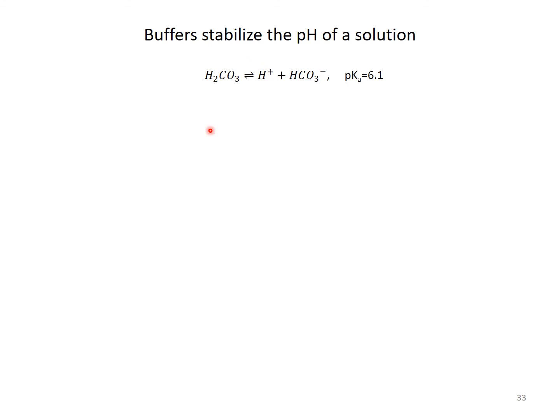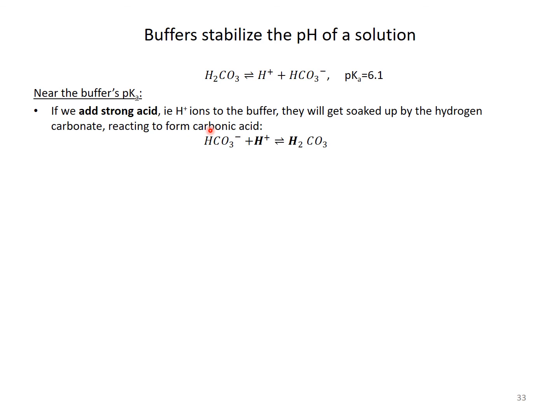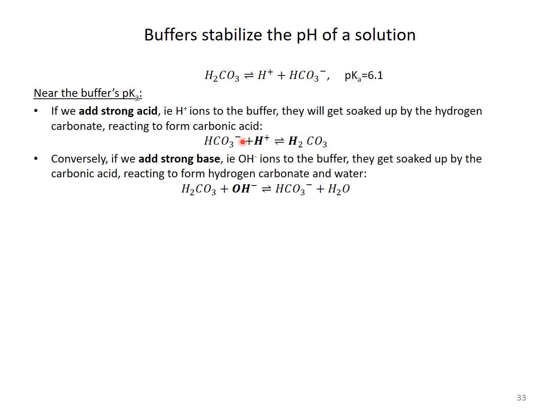So if you add strong acid into this system, the extra H+ will be absorbed by the conjugate base, forming more carbonic acid. Conversely, if we add a strong base, to counter the change in pH, the carbonic acid will dissociate to release more protons so that they can combine with OH- to form water molecules.